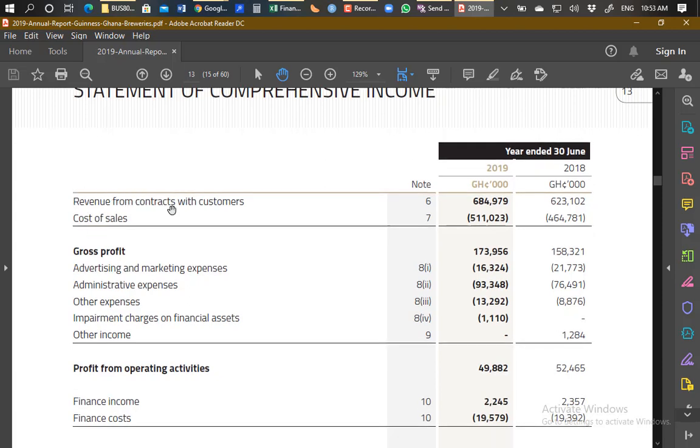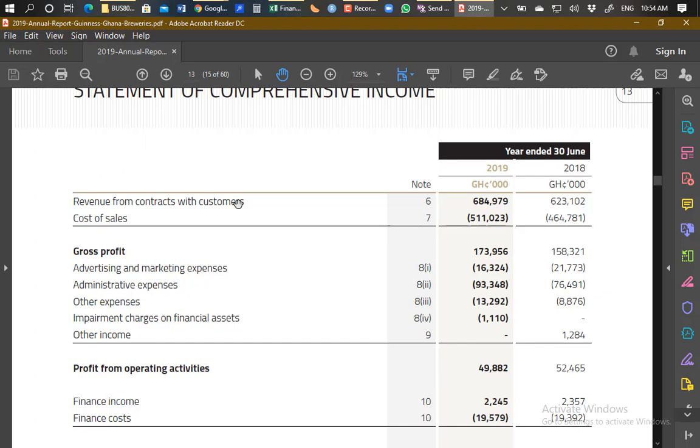So we have revenue from contract with customers. That is the main revenue coming from the operations of the company. So you'll see the figure here. The reporting period is 2019, so the figure for 2019 and the figure for the comparative year. And another important feature to note is the note. Sometimes, for financial reporting purposes, which is more externally focused, we summarize the things.